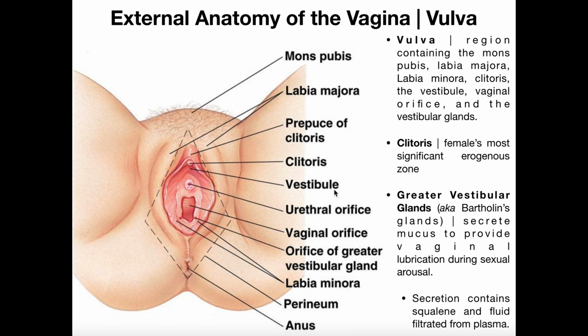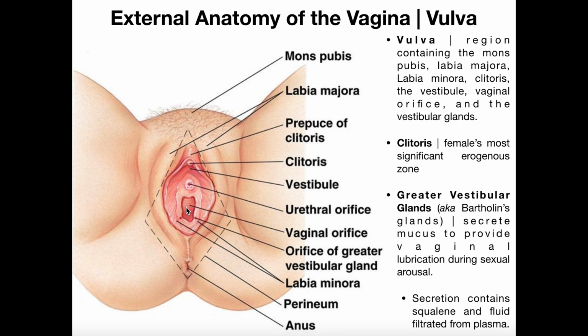Okay? Then we have the vestibule. The vestibule is this region between the clitoris and the urethral orifice right here. Of course, this right here is the urethral orifice, the opening of the urinary tract. And if we go further backwards, we have the vaginal orifice right here. Posterior to the urethral orifice, we have the vaginal orifice, which obviously is responsible for coitus, or in layman's terms, sex.